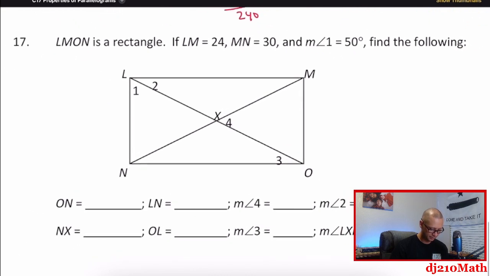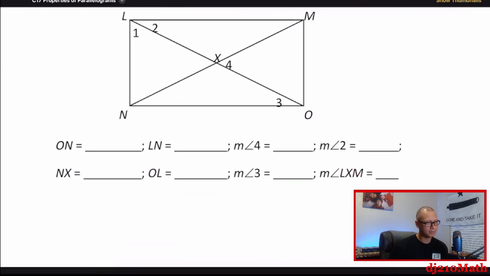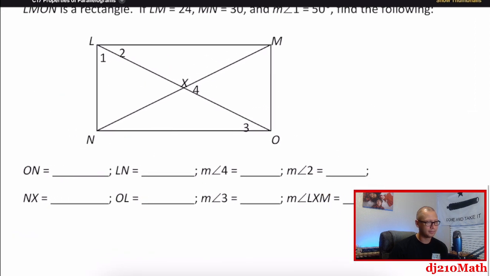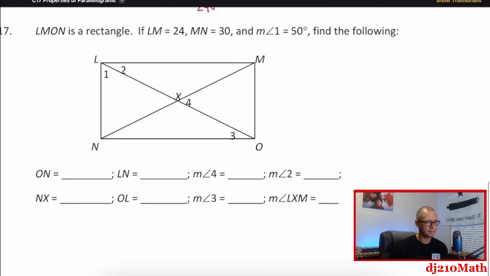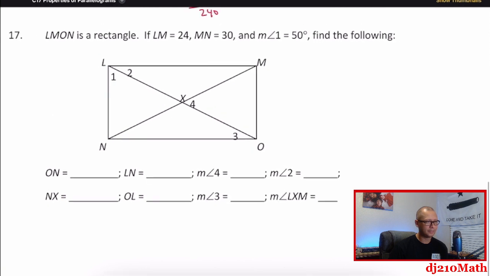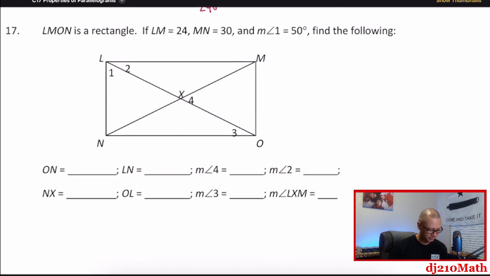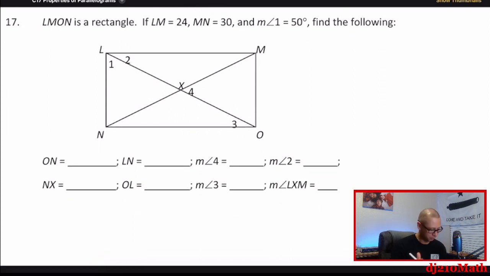17. All right, 17. LMON is a rectangle. All right, so what does that mean? It means that the opposite sides are going to be congruent and parallel.